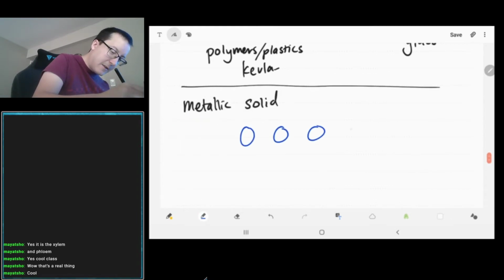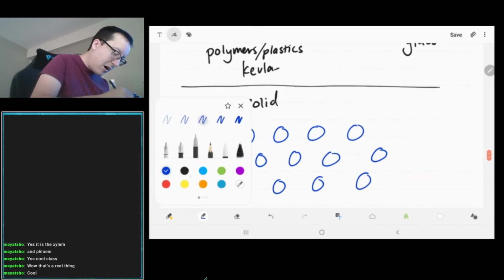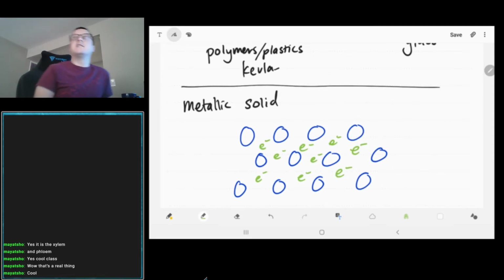It turns out that the electrons within metals can kind of just hop off and go to other metals nearby. As we remember, metals typically have loosely held valence electrons, especially the ones in the d orbitals.